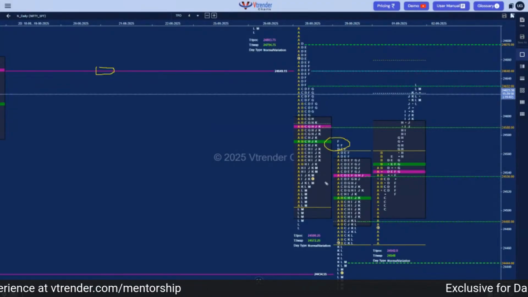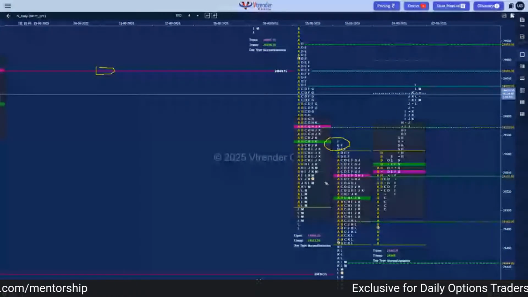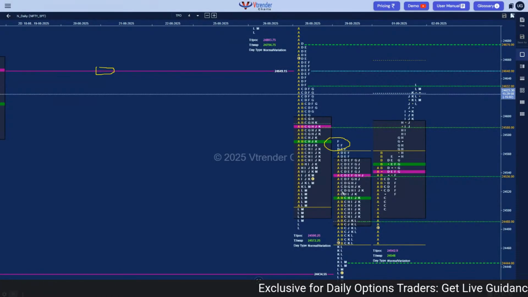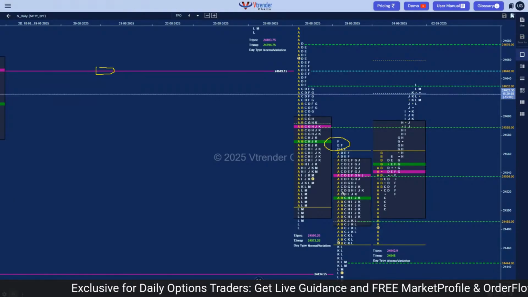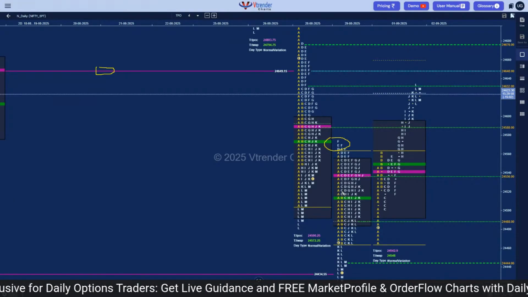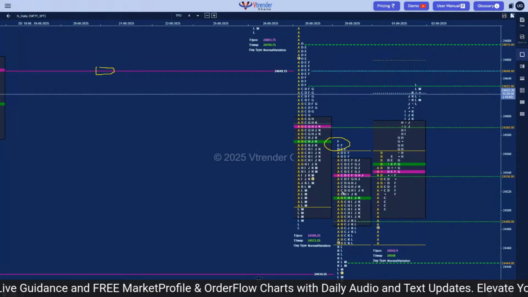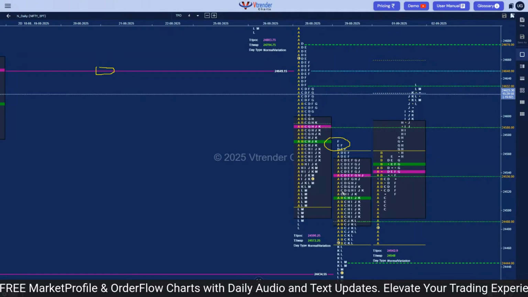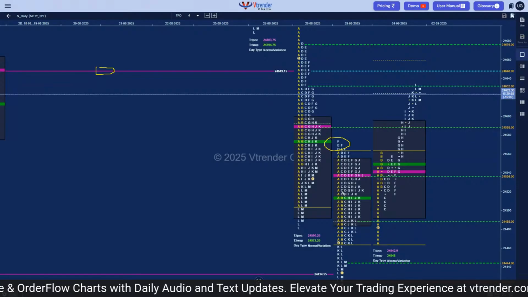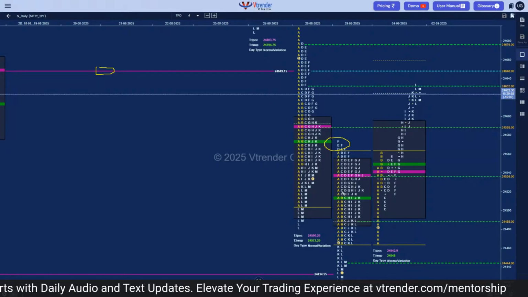And from this failed auction, the 180R move to the downside was coming at 24527. But we stalled. Sorry, the 180R was coming to 24390. But we stalled just above it. 24404 was the low which we made on Friday.